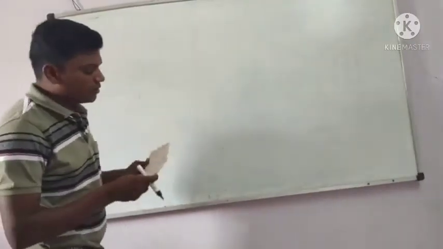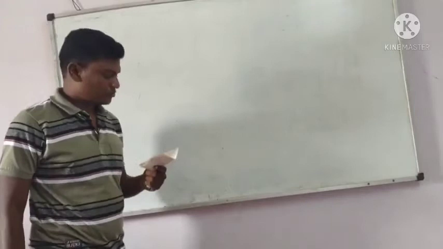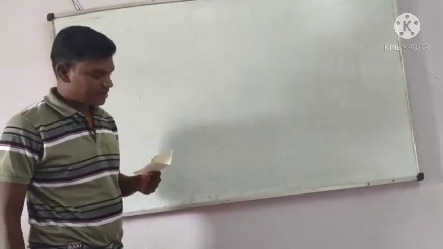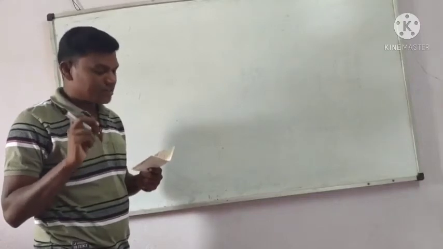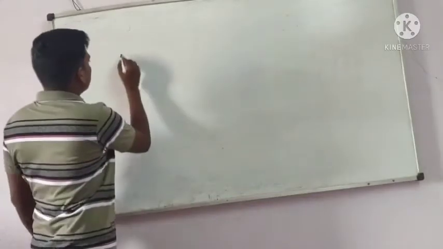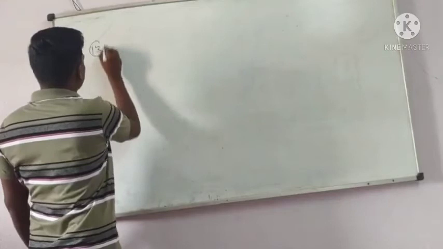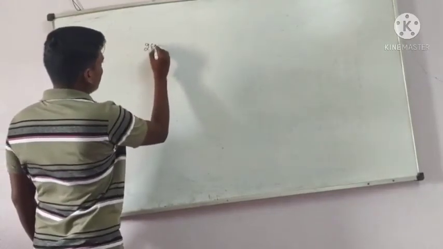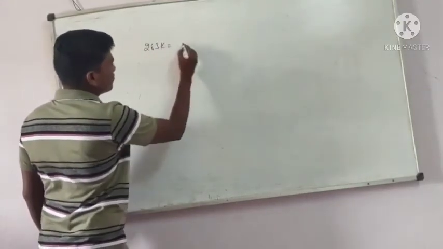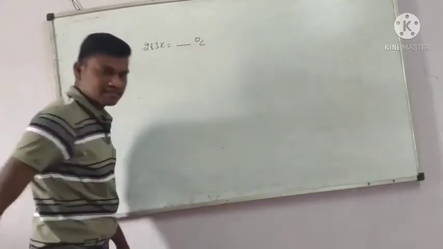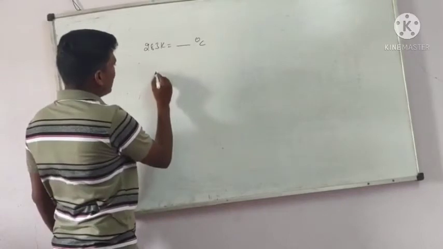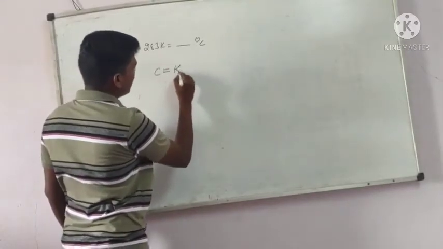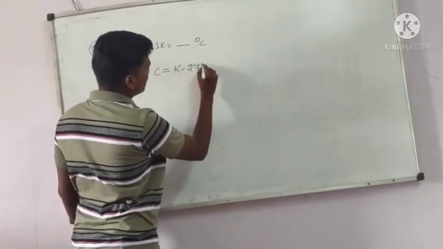Next one, in section 2, question number 13. Convert 283 Kelvin into degree Celsius. So 283 Kelvin is equal to dash degree Celsius. That is the meaning of that. We know the formula: C is equal to K minus 273.